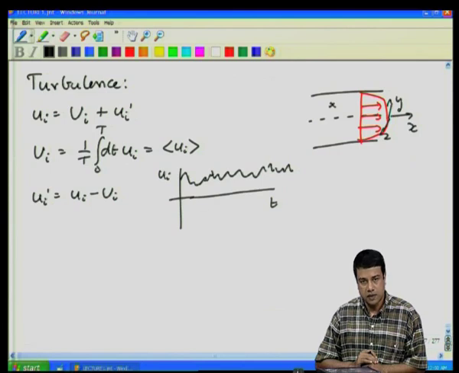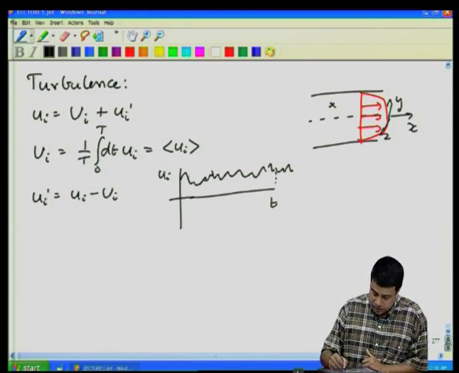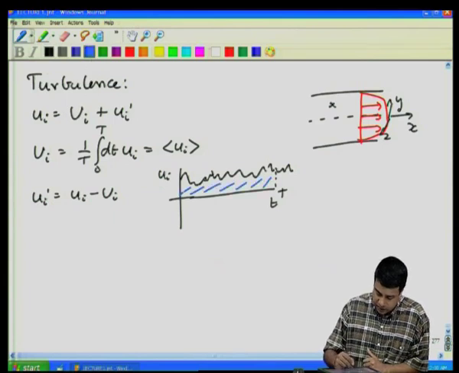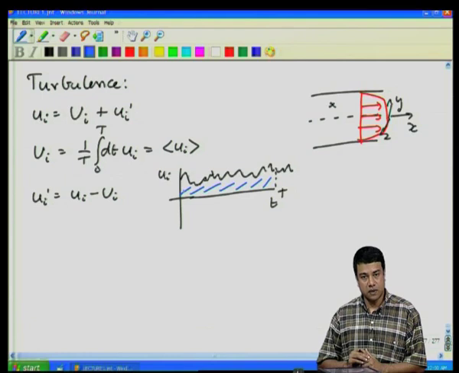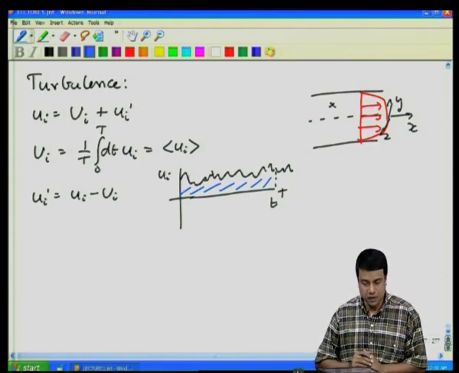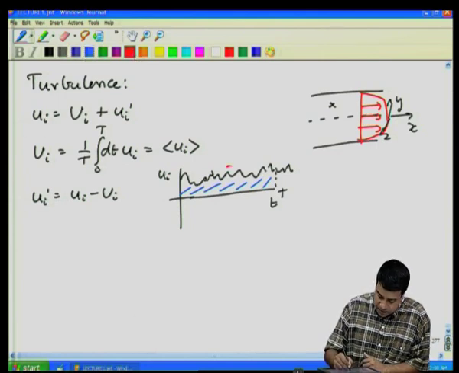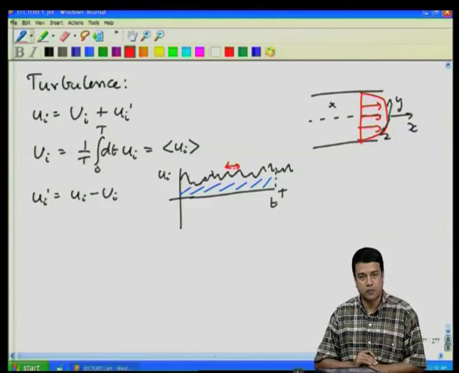Integral 0 to capital T of dt times u is basically the area under the curve up to the time capital T. To define a mean value, you require that this time capital T has to be much larger than the time period of these fluctuations. These fluctuations themselves have some characteristic time period.